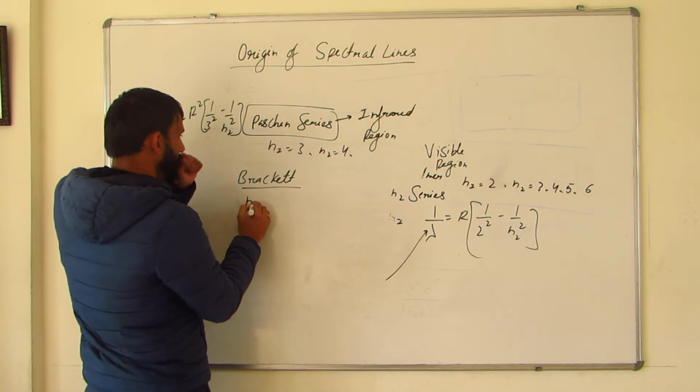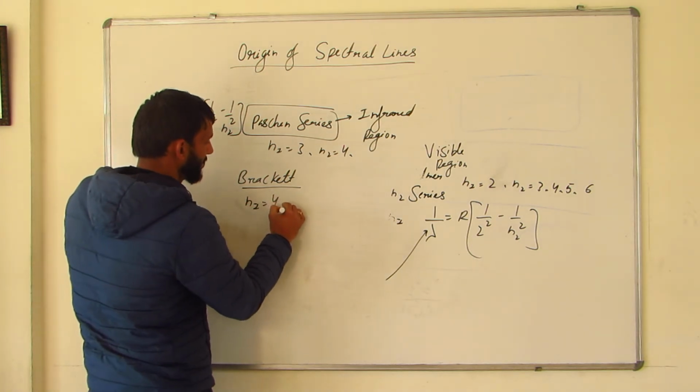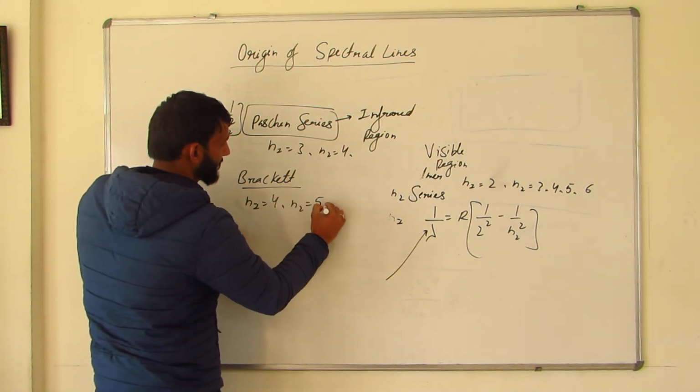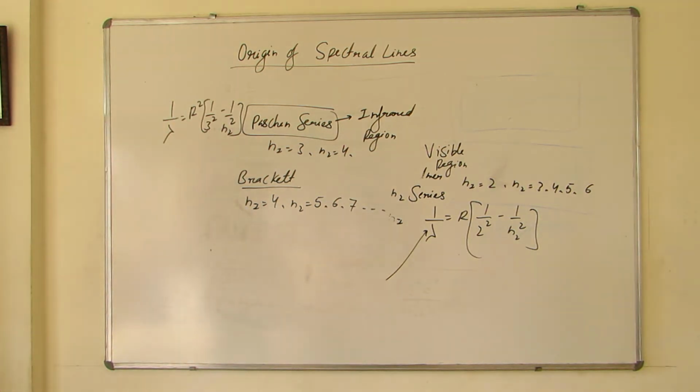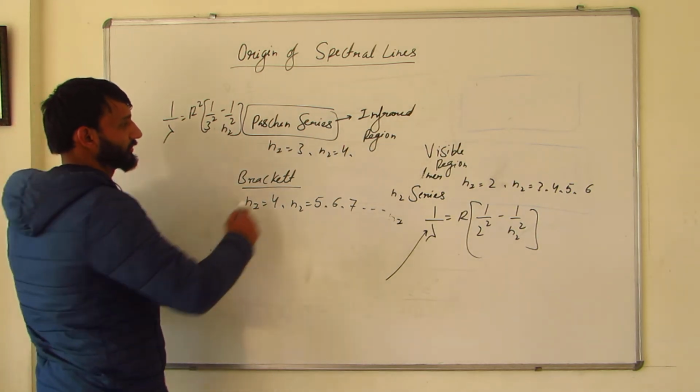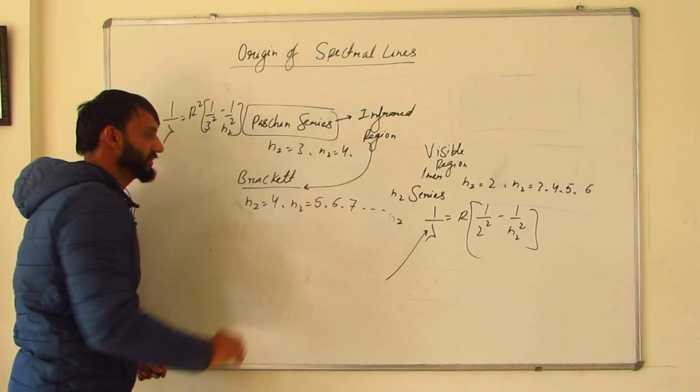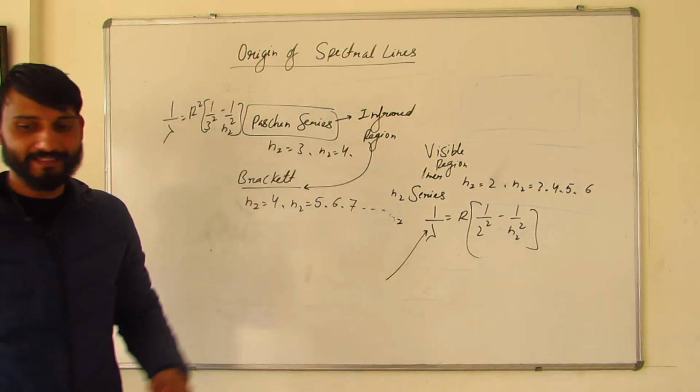In Brackett, n1 would be 4, n2 would be 5, 6, 7 and so on. And this series would lie in the infrared, same as this series. It will also lie in the infrared region, and the formula you can easily make.